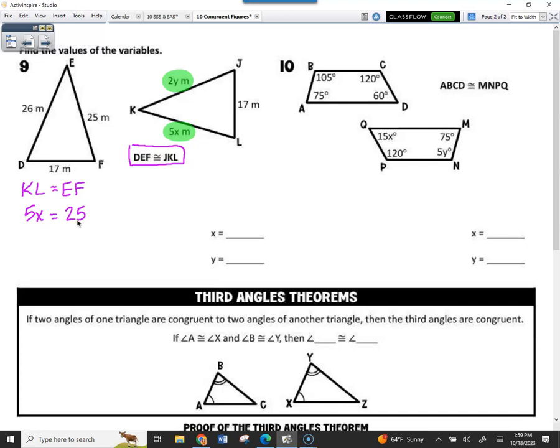So I would divide both sides by what? 5. What do I get? I don't understand how to get KL equals EF. I know that they equal each other.